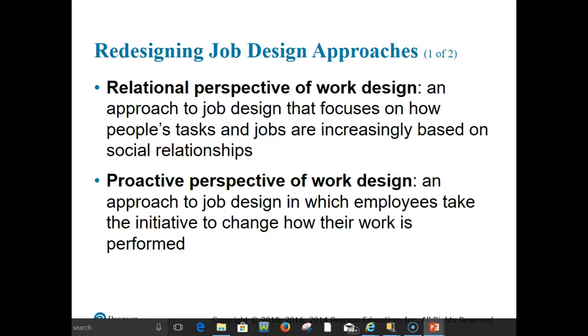And the second perspective, the proactive perspective of work design, says that employees are taking the initiative to change how their work is performed. They're much more involved in decisions and actions that affect their work.